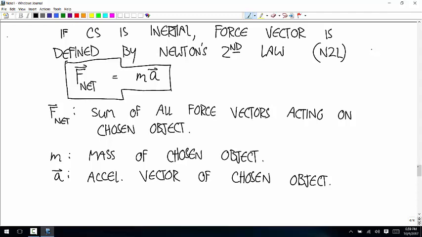So being very clear about what object you're choosing, the chosen object, for using Newton's second law is going to be really important. Newton's second law is the most important equation in this class.